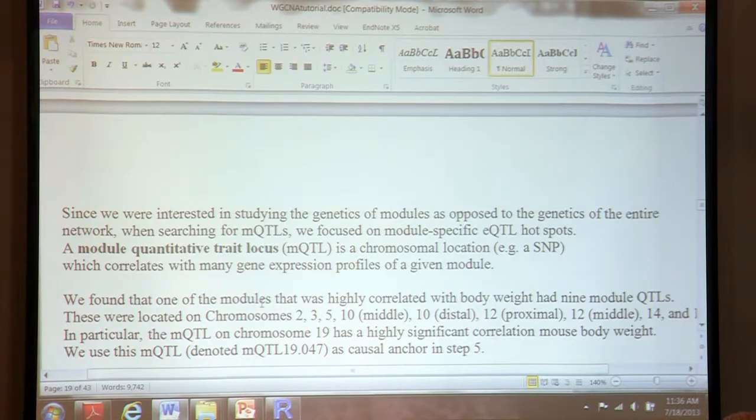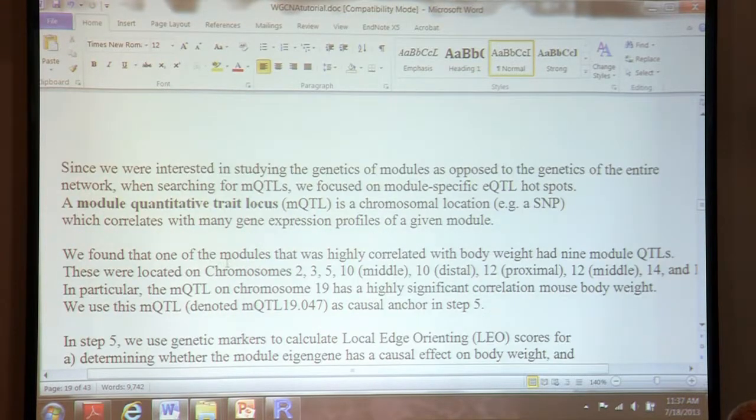On the simplest level, you could ask, are there QTLs that affect the module eigengene? Alternatively, you could ask, among those several hundred genes in the blue module, how many of them correlate with a SNP that also correlated with mouse body weight? We refer to SNPs that affect many genes inside a module as a module QTL.